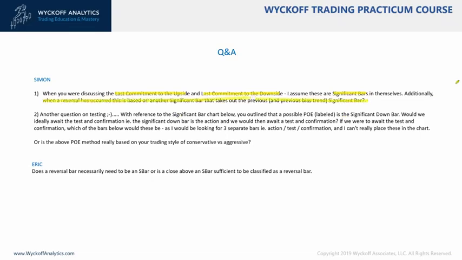So we are looking for a last commitment to the upside on the significant bar with the close like this. And if we have other bars that have some attempts to commit, but where the close is actually within the body of the previous significant bar, then this is not a commitment for us.